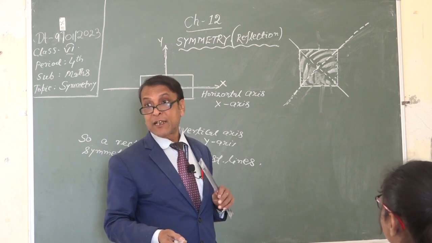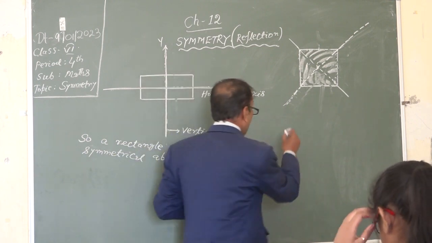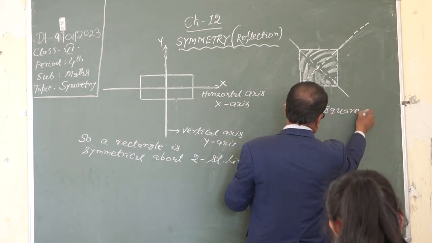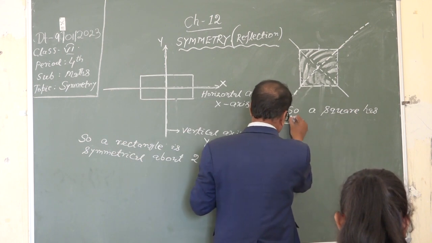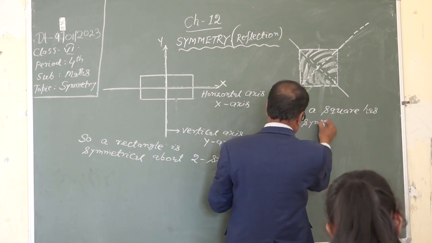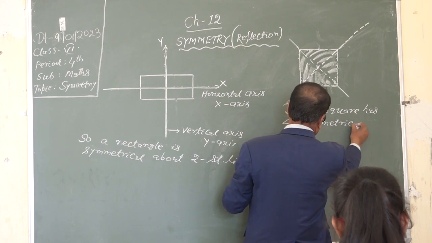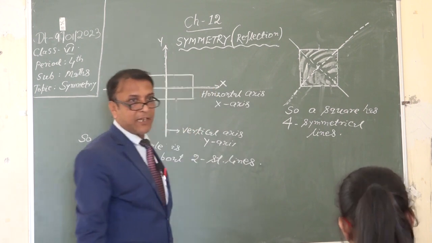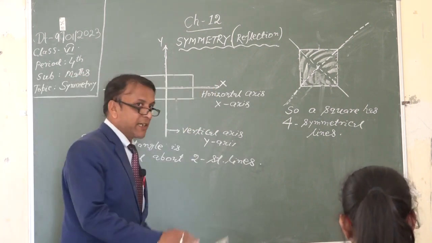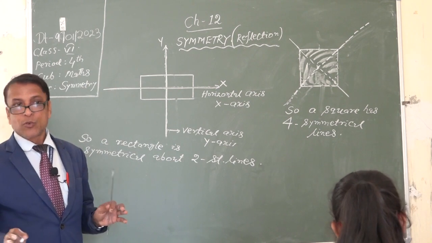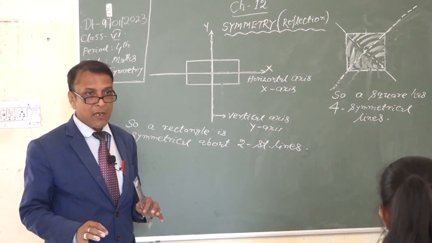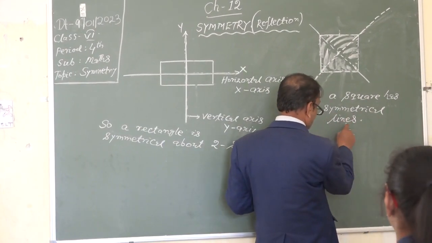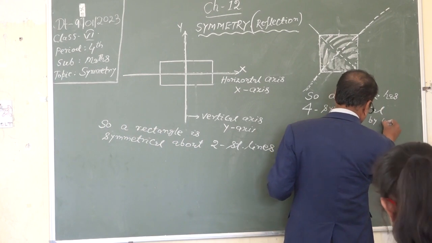So how many symmetrical lines did you get? 4. So a square has 4 symmetrical lines by which it can be made into exactly two equal halves.